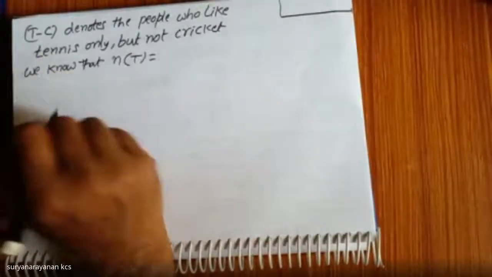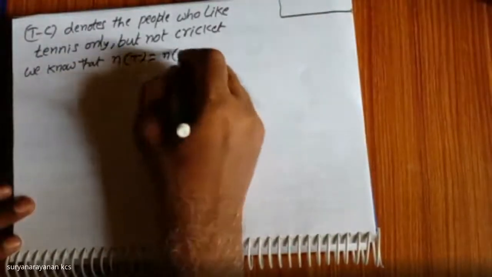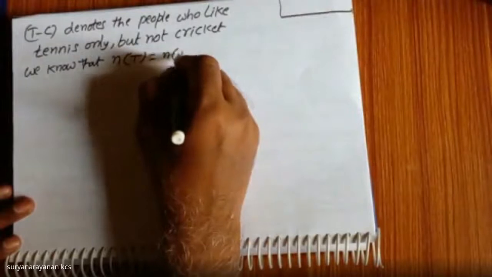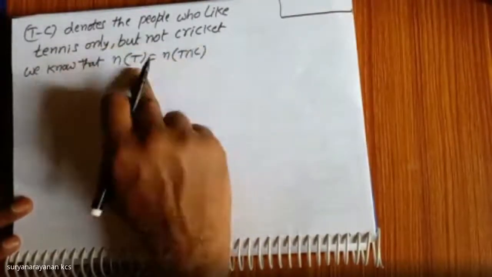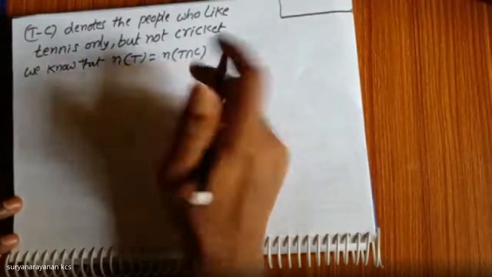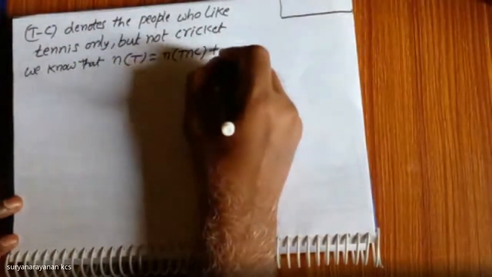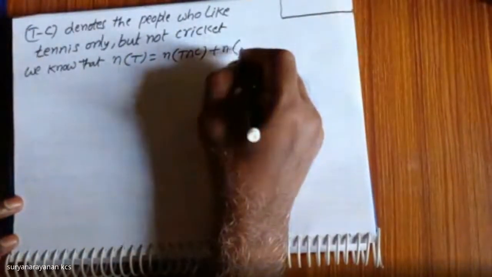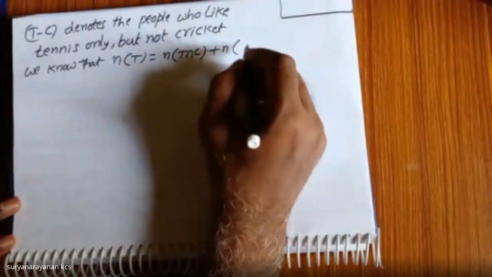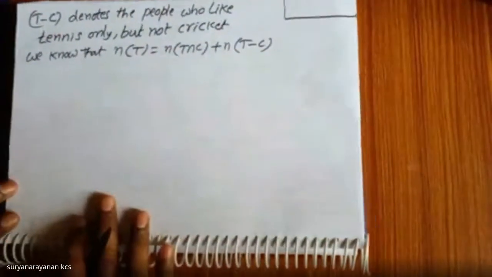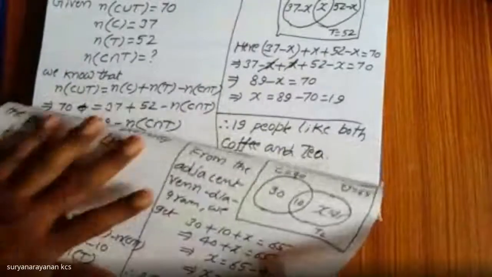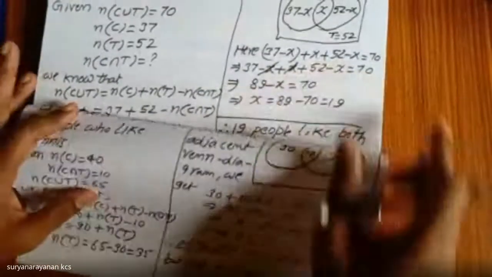N of T is equal to n of T intersection C plus n of T minus C. We have derived a formula by observing this Venn diagram.